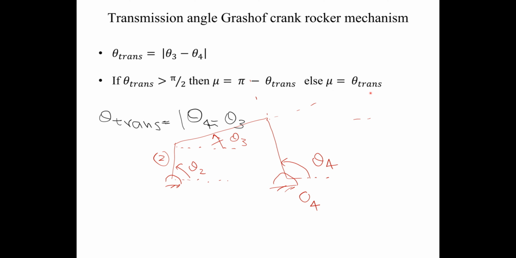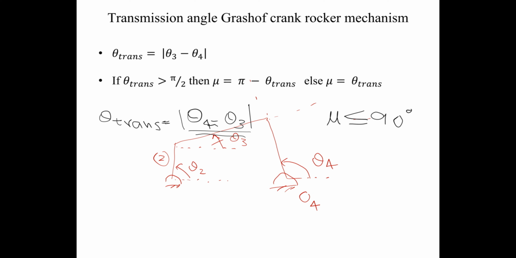So every theta transmission is not equal to mu. You will always call it mu when it is less than or equal to 90 degrees. If this value theta 4 minus theta 3 comes out to be less than 90 degrees, then you call it mu. So always remember that mu has to be equal to or less than 90 degrees.